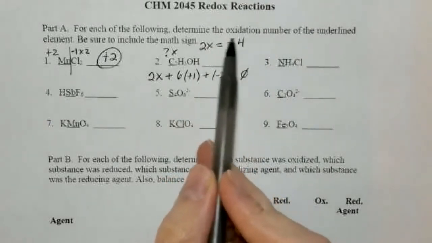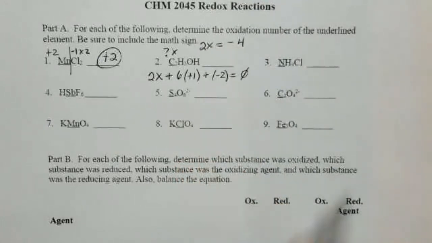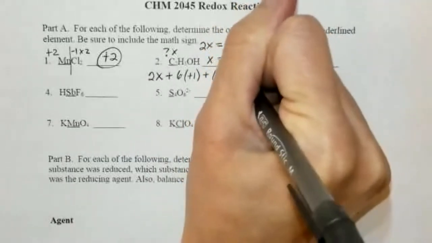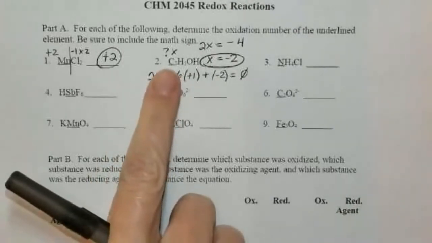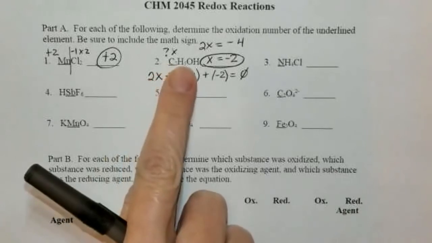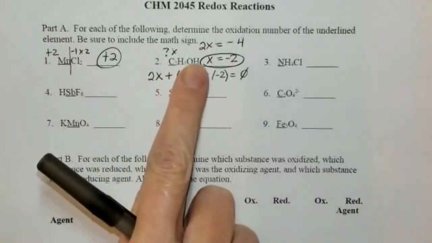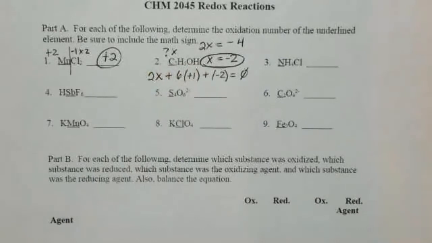So 0 minus 4 gives me a -4. So if 2X is equal to -4, that means my X oxidation state on the carbon is a -2. So what I'm looking at is -2, -2, so -4 total, +5 would get me to a +1 overall, plus another 1 gets me to +2, and then the oxygen is a -2. So that's how everything cancels out and goes to 0.